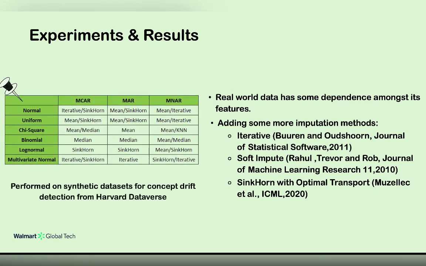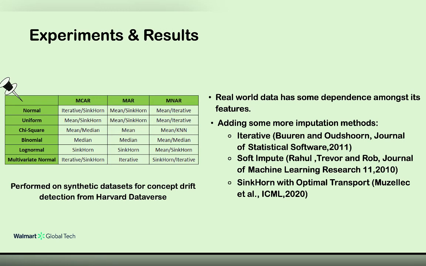Here in the table you can see for Harvard Dataverse, when data is normal, uniform, or chi-square, for normal and uniform, Sinkhorn with OT, that means optimal transport, appears as winner. For chi-square and binomial, median performs well for MCAR and MAR, but when missingness is missing not at random, that means it follows a pattern, then mean appears as winner.